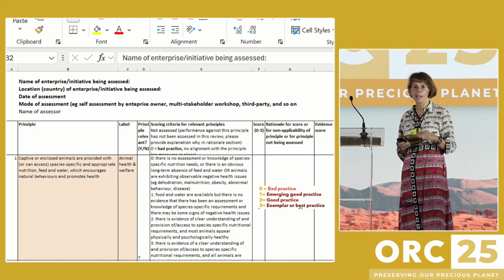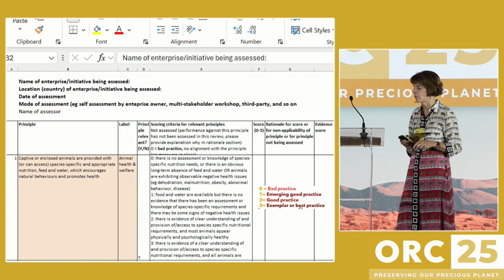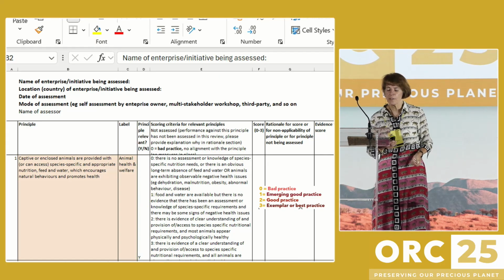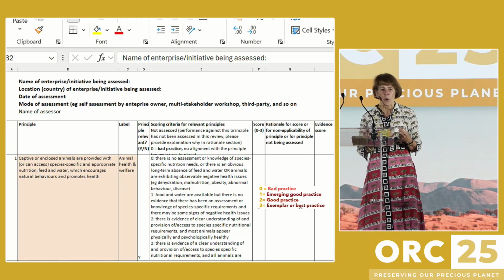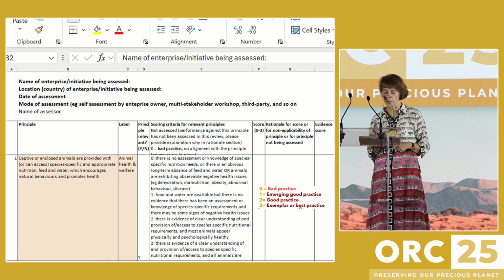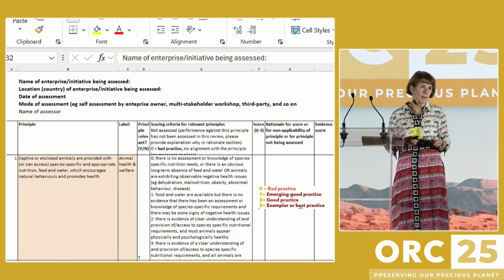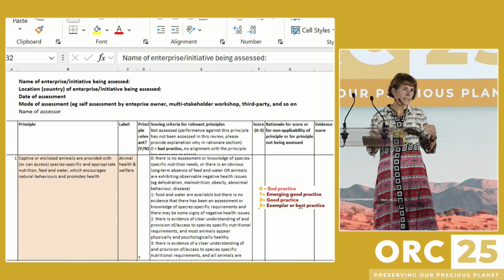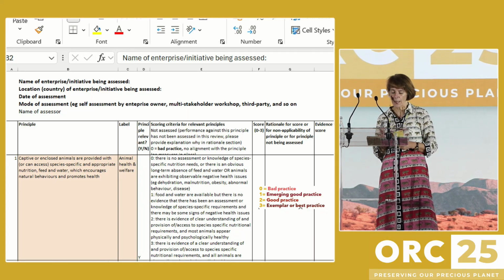All of the principles aren't engraved on my heart, but just to tell you about the welfare principles, the first 6 relate to the conditions in which animals are kept or how they're handled or killed by humans. So they build on the 5 freedoms or the 5 domains, which are a recognized international standard for animal welfare.